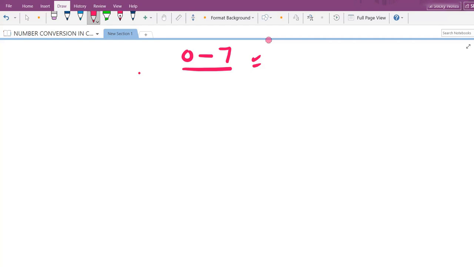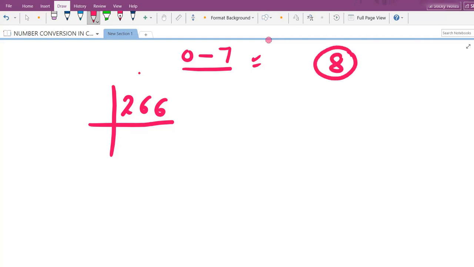So what you have to do: imagine I give you the number 266, and for octal we have to take 8 for the division. So let's start the division.